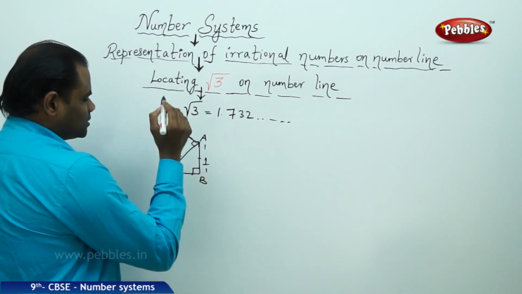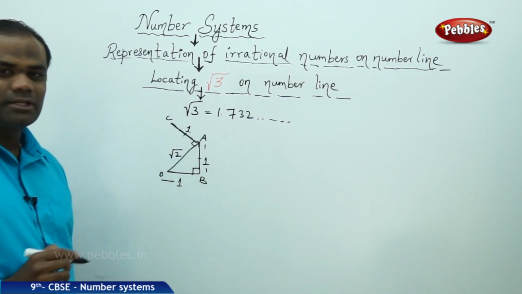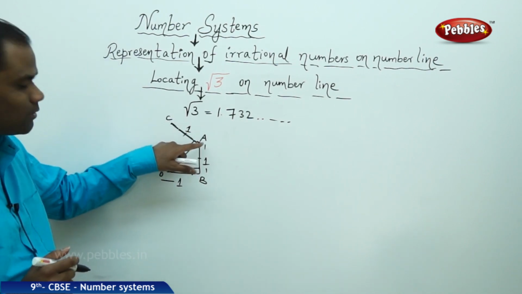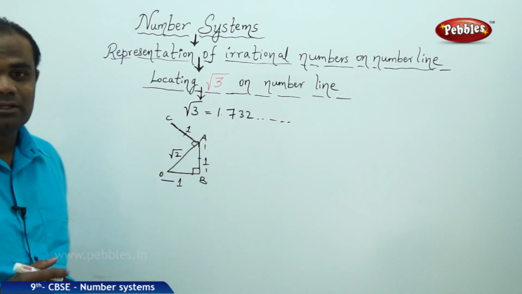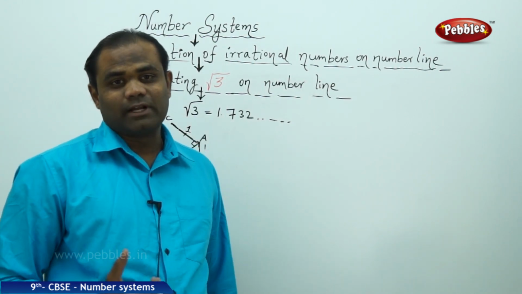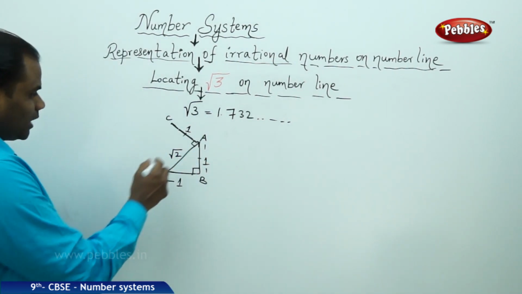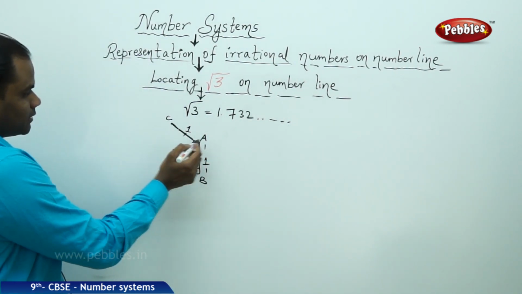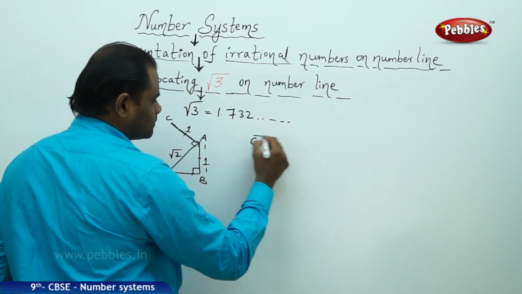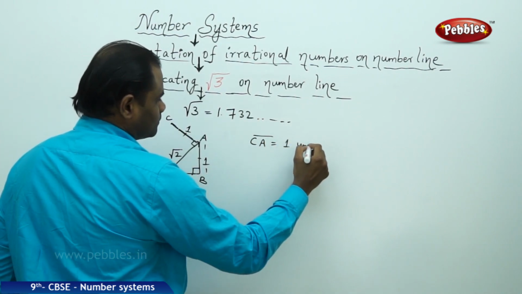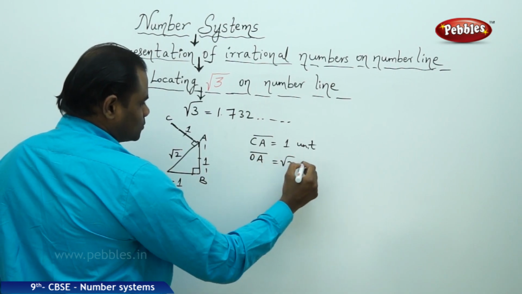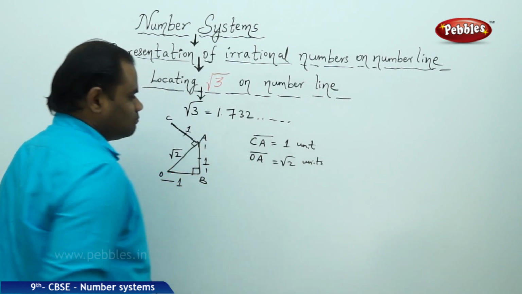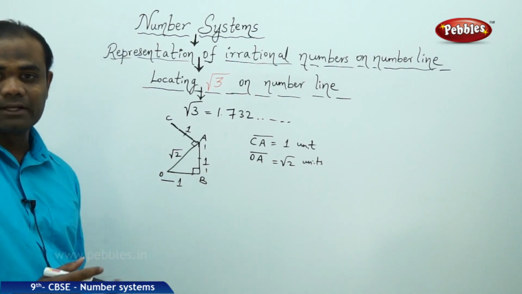So here I mark this to be C. So C is the point which is exactly 1 unit from A and which is perpendicular to the hypotenuse OA of the right angled triangle. So now I have the side CA which is 1 unit and the side OA which is root 2 units, as we can clearly see through the diagram.